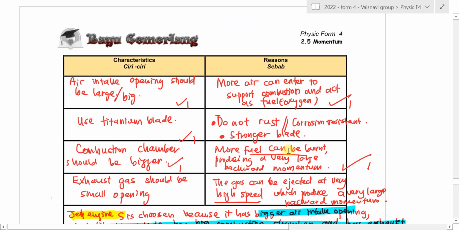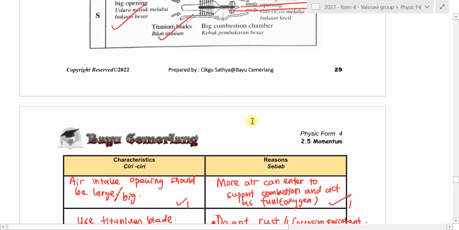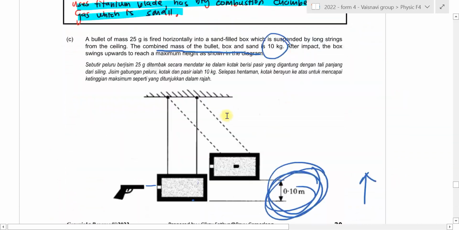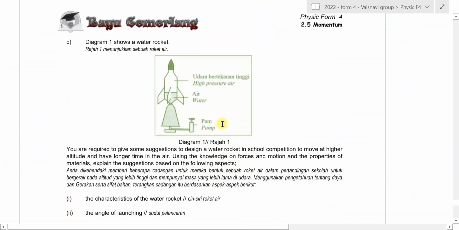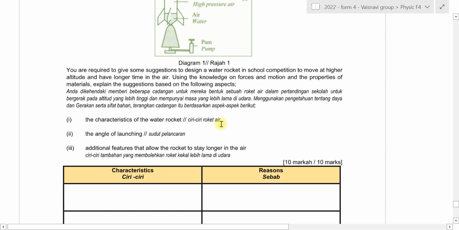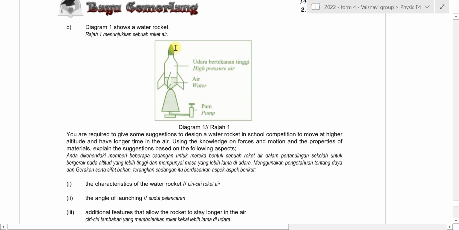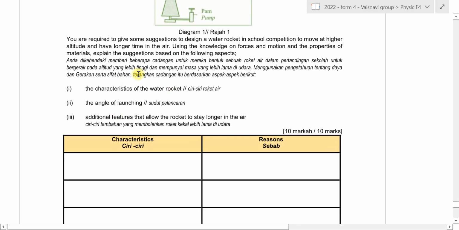But same thing, we need to give reason. This is much easier, you know. But when you go to section C, nampak tu? Dia tak bagi pilihan. Dia akan bagi tahu apa kamu kena buat, apa dia nak. Dia akan bagi tu the purpose. You need to modify according to the characteristic they want.